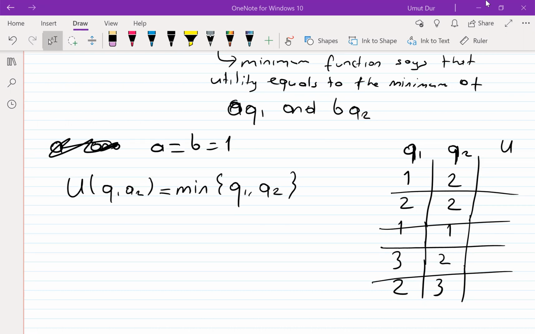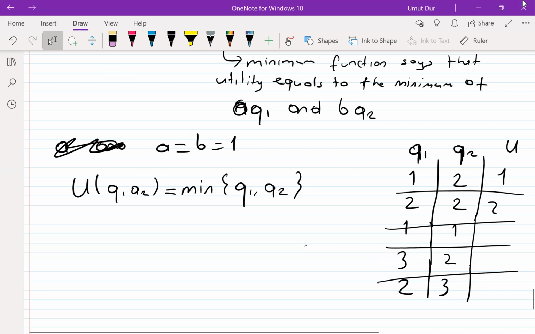It is 1. So we are just looking for the minimum of 1 or 2, which will be 1. What is the utility if you look at the consumption bundle 2 and 2? It is 2. We are just selecting the minimum of them. What is the utility from 1 and 1? It is 1.